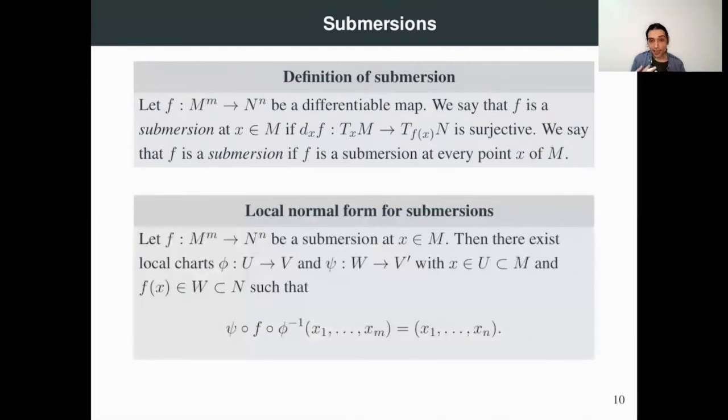We have a local normal form for submersions that, again, is essentially the same result that we already know from the courses of analysis.